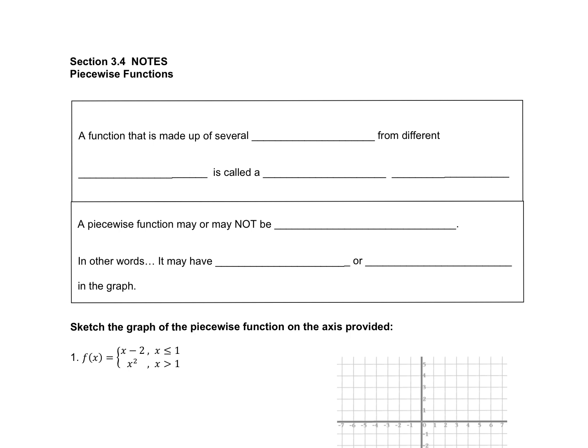A function that is made up of several pieces from different functions is called a piecewise function.